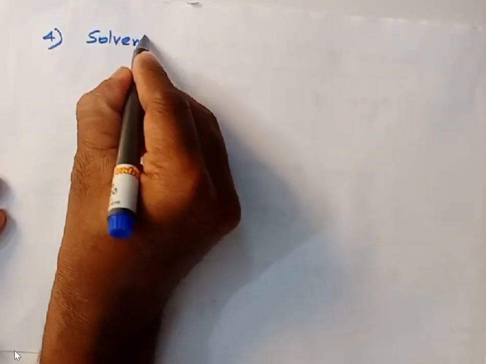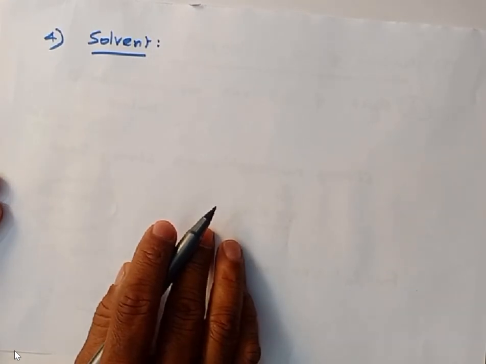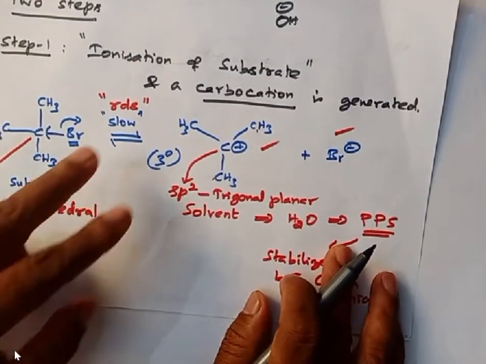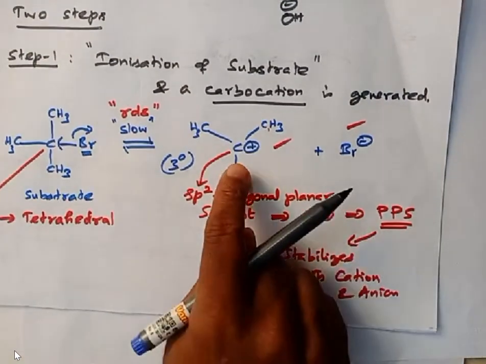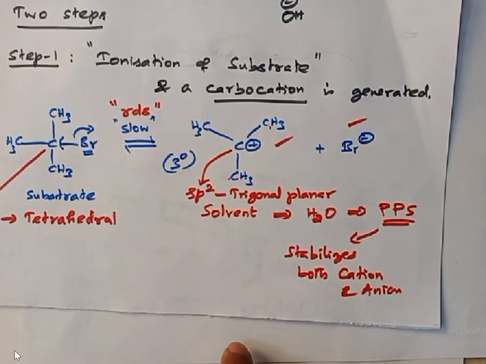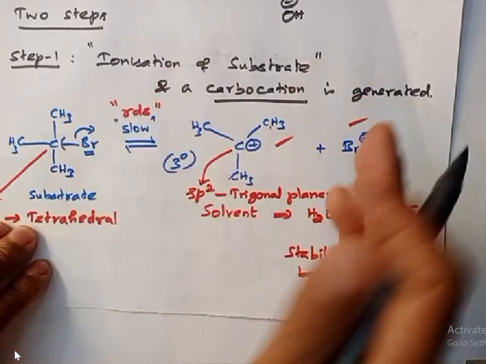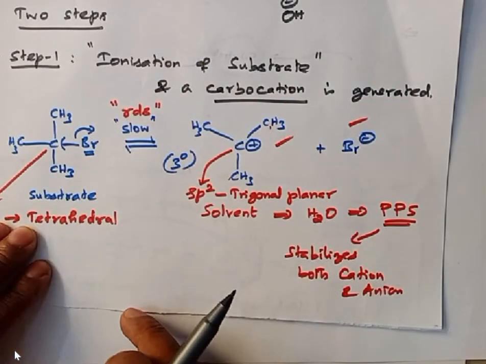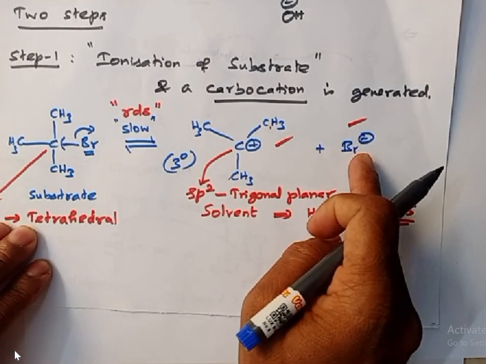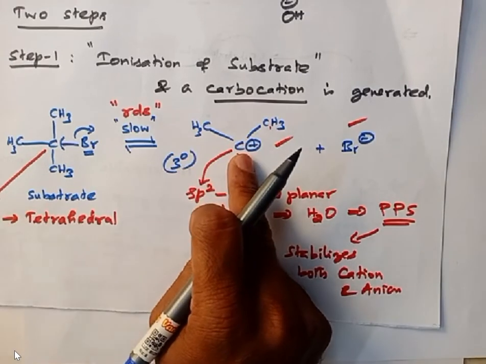Which solvent should we prefer for SN1? Students, I have told you already: in the rate determining step, we generate two ions, a cation and an anion. We want the forward step to occur to a larger extent. We don't want the backward step, because in the backward direction the carbocation combines with Br minus to give the substrate back, so the carbocation concentration will decrease.